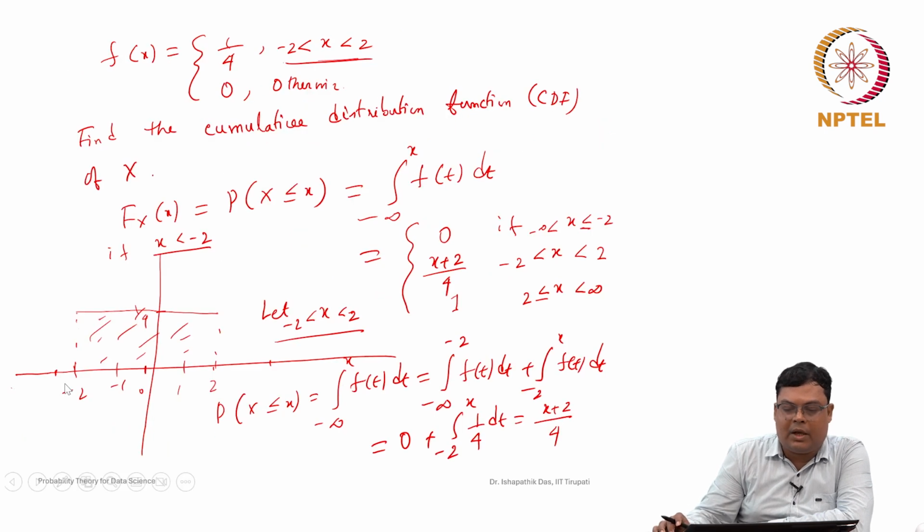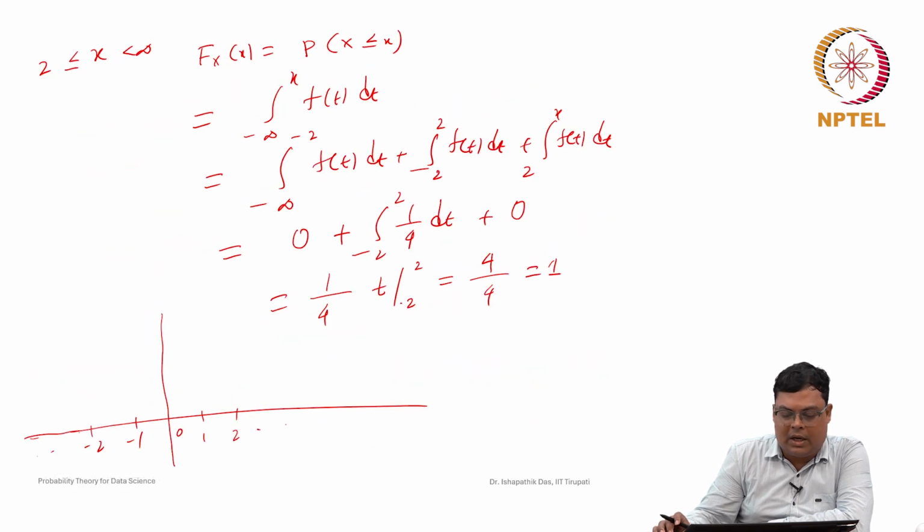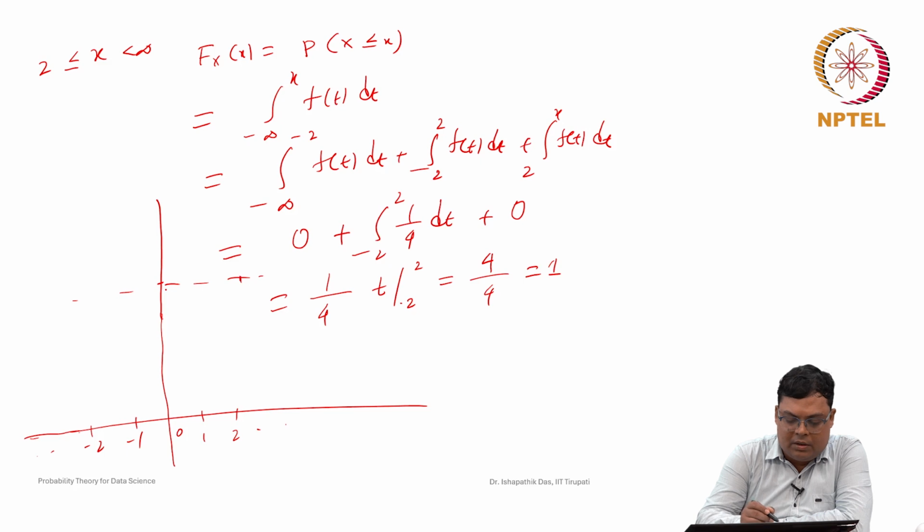Then what is the value at 2? It is 1. So, it is a straight line between these two points, and this is 1 after 2. So, that is the distribution function.